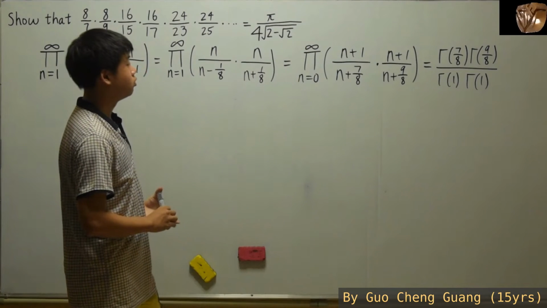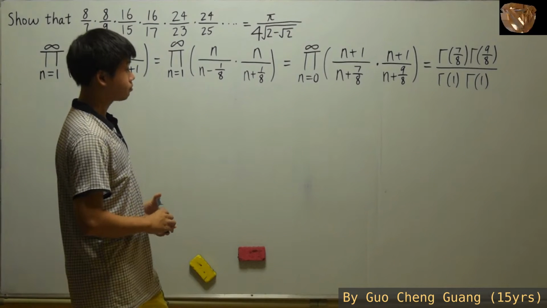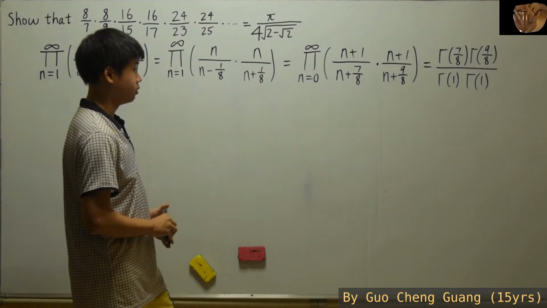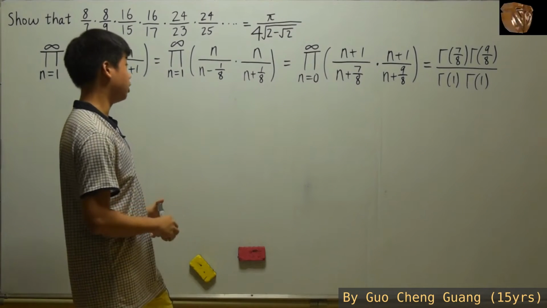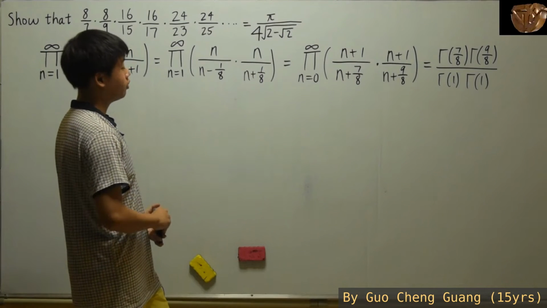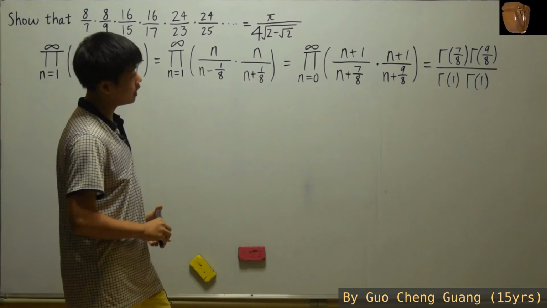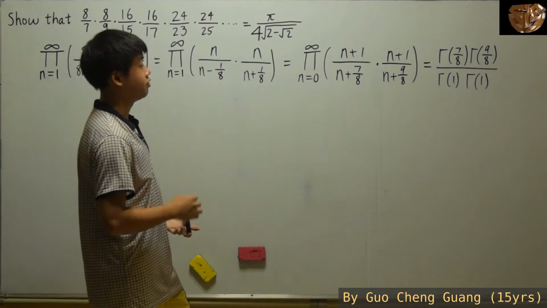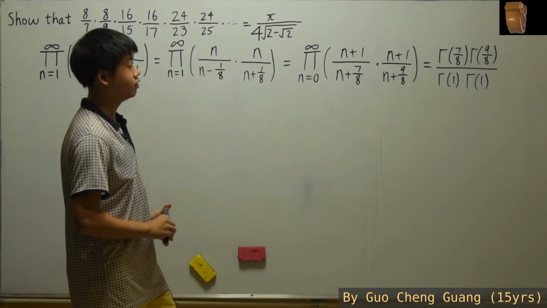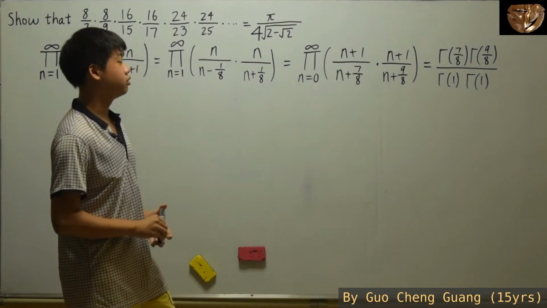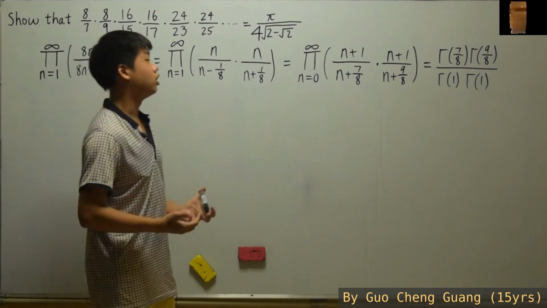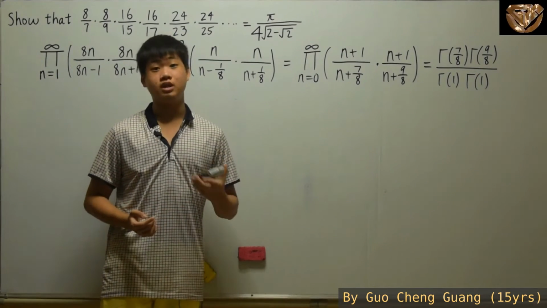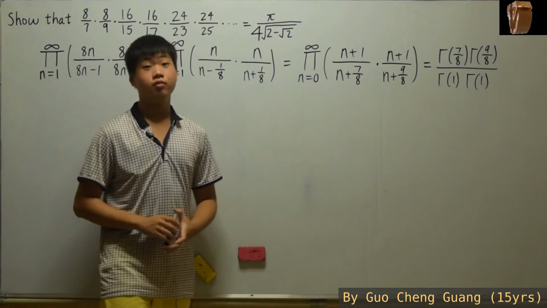So what is gamma 1? Gamma 1 is just 1, so the denominator will just be 1. But in the numerator, we can't exactly solve that just yet, since we have gamma 7 over 8 multiplied by gamma 9 over 8, and we don't really have any information on what these gamma values are.